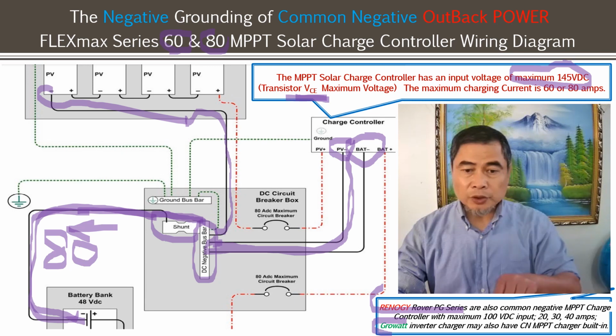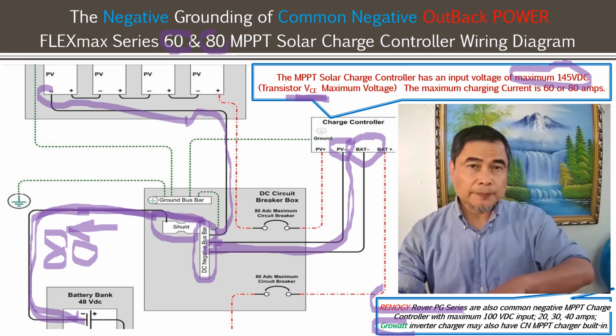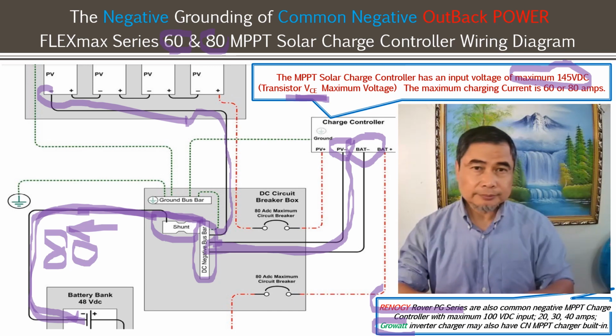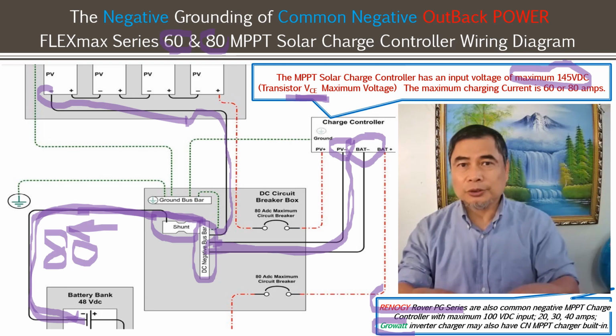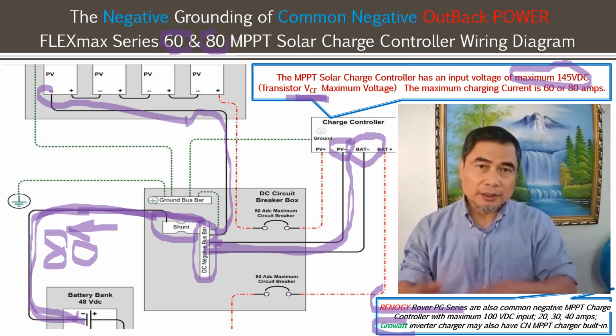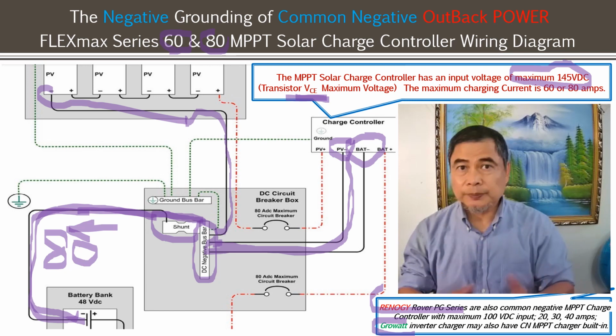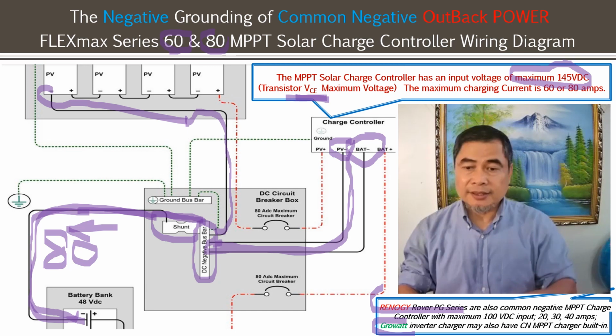Like the Growatt ones, with the MPPT charge controller and inverter combination. Their MPPT solar charge controller can charge 80 amps, but it is still a common negative design. You can check that the battery negative terminal and the PV negative terminal actually have the same voltage. If you check, there's continuity inside.